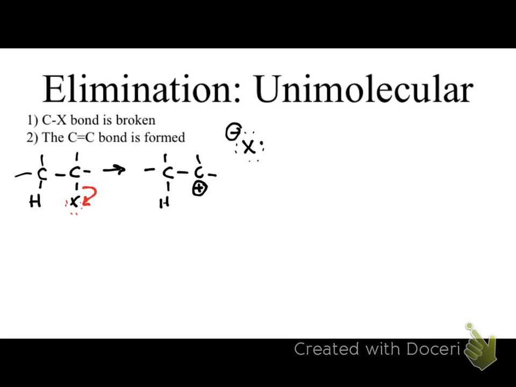It looks an awful lot like the very first step of the SN1 reaction. Okay? So what we've seen before is if we had a nucleophile with some electrons, that nucleophile could then share its electrons with our carbon.